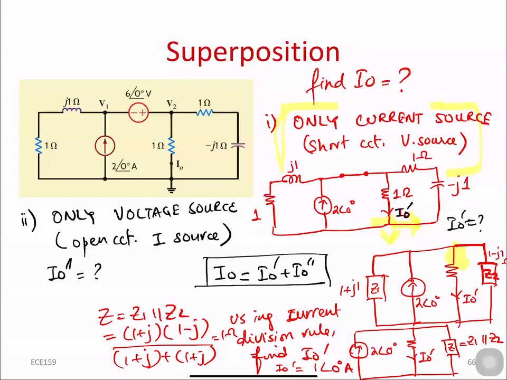So we found only one part of the circuit right now, which is I naught prime. Now, what is the second objective? We need to find out I naught double prime, which means that we need to keep only the voltage source and disconnect the current source. Disconnecting means I will open circuit the current source in order to find out the second component.